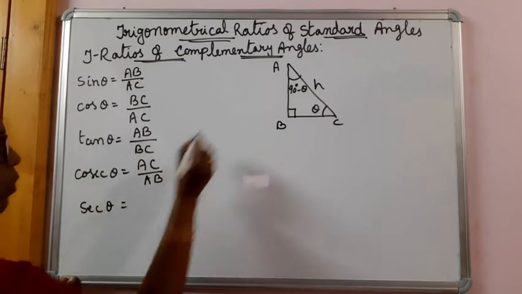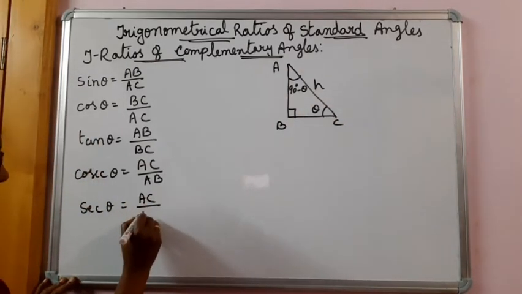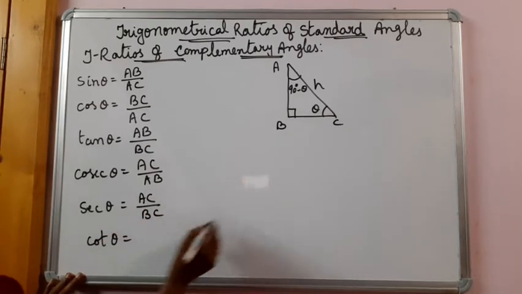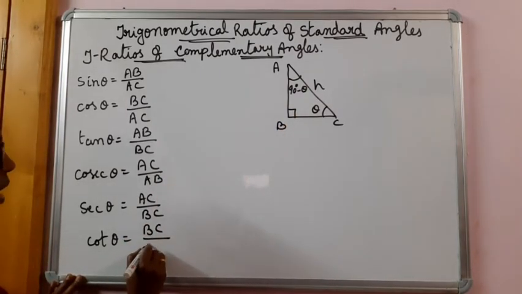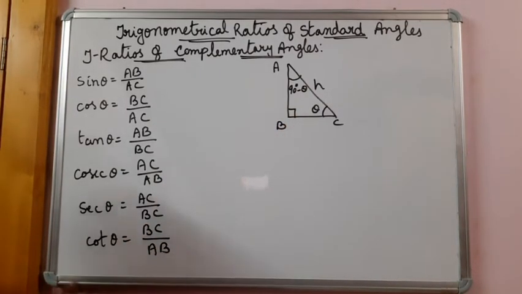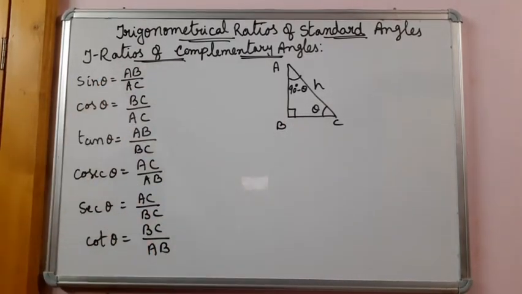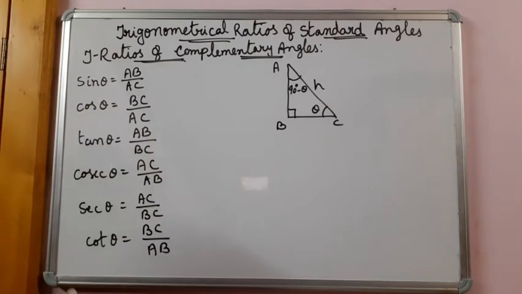Sec theta is equal to hypotenuse by adjacent side, AC by BC. And cot theta is equal to adjacent side by opposite side, that is BC by AB. So for angle theta we found the T ratios.